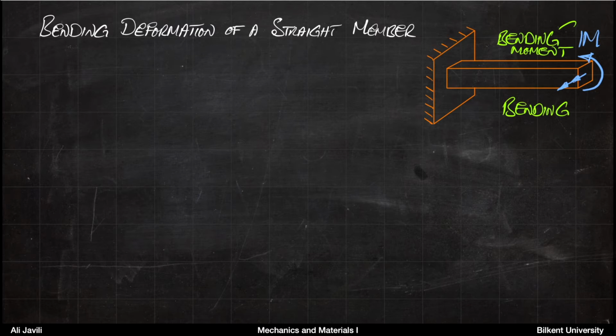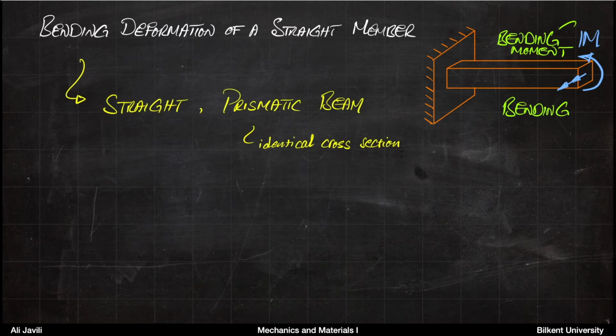So what we want to do now is to analyze the bending deformation of a structure like this. As I mentioned, the first assumption is that it must be straight. The second assumption is that it's a prismatic beam, prismatic in the sense that it must have identical cross sections. That means we are not talking about the bending of a member which looks like this, because it's not straight.